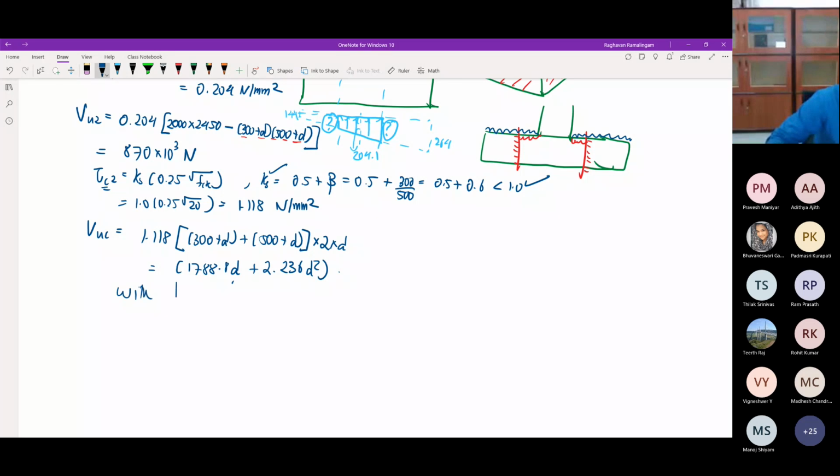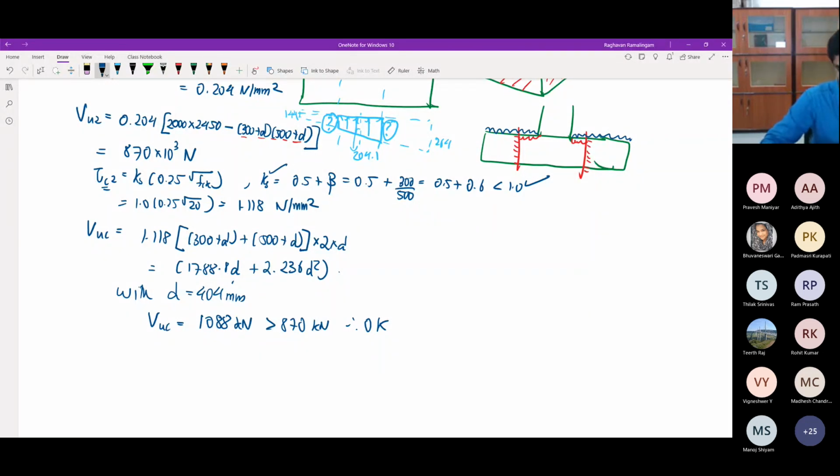So with D equals 404 mm, VUC becomes 1088 kilonewton, which is greater than the actual shear which is acting. So therefore, from the shear point of view, a 404 mm thickness footing is okay.